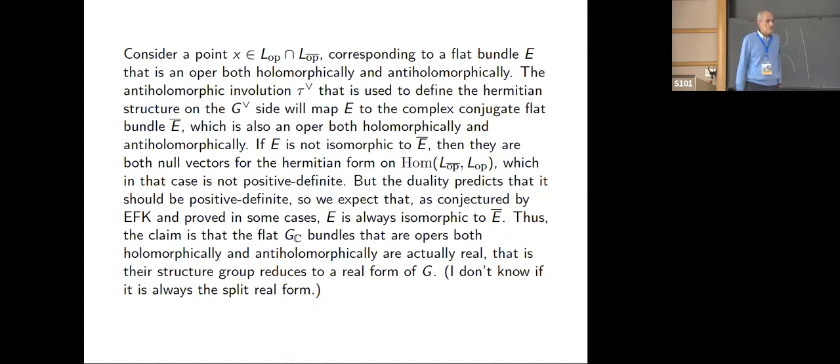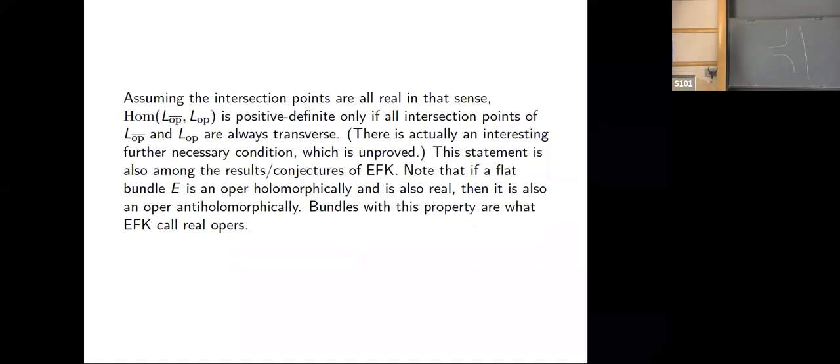The claim is that a flat bundle that's an oper both holomorphically and anti-holomorphically is actually real. I suspected that the structure was actually the split real form, but that wasn't clear from the physics point of view. The physics point of view gave some additional interesting predictions about these intersection points, which there isn't really time to explain now.